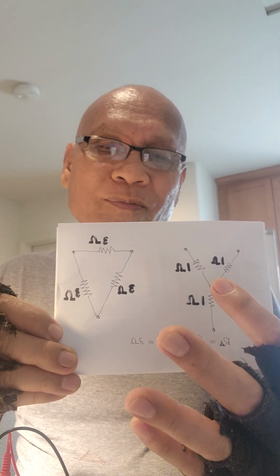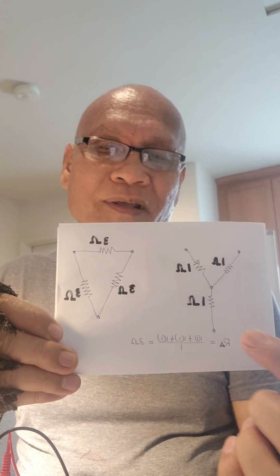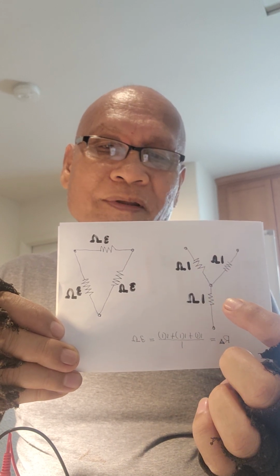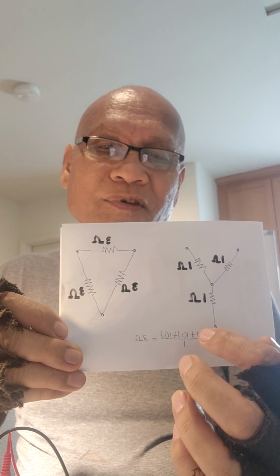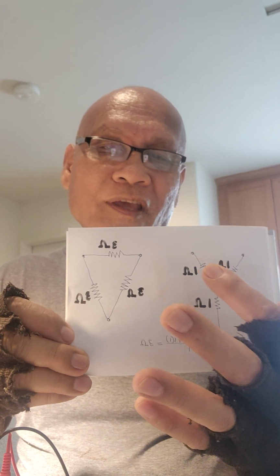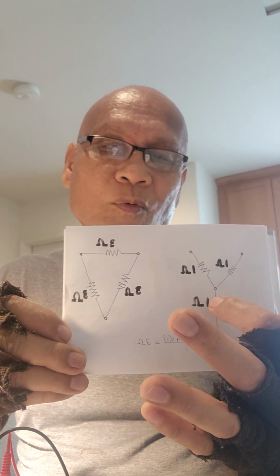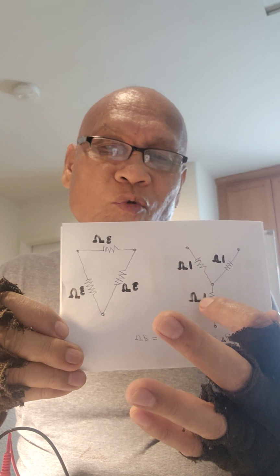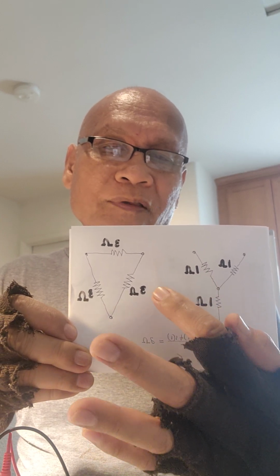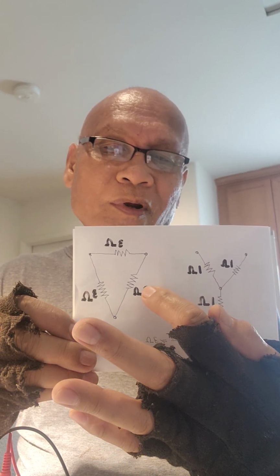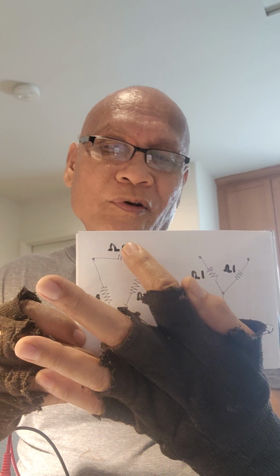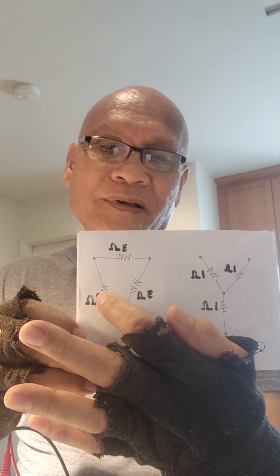So 1 times 1, 3 times, is actually 3 divided by 1. What comes out for the delta equivalent, if these are all 1 ohms, the equivalent delta now will be 3 ohms each. So this will be 3 ohms, this will be 3 ohms, and this will be 3 ohms.